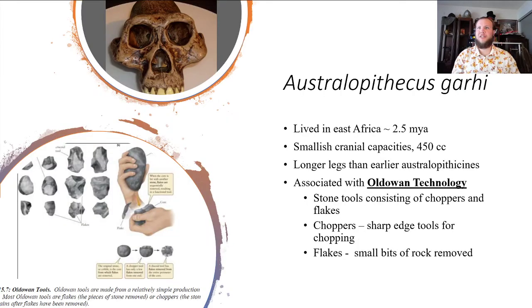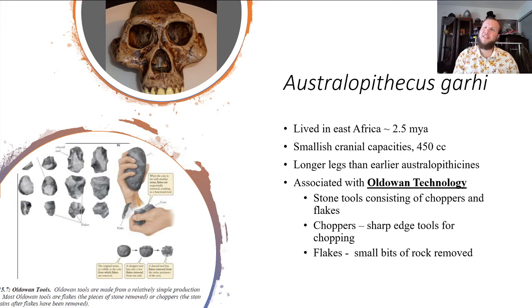Now, other species, Australopithecus garhi, and you don't have to worry about this one as much, but what you should know is that they have longer legs than early Australopithecines, but most importantly, they're associated with Oldowan tools. Oldowan tools are the earliest tool technology that we know of, stone tool technology.